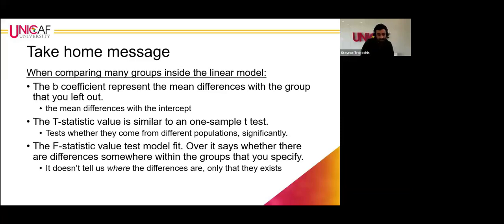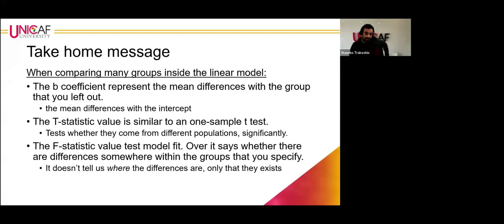The t-statistic is similar to a one sample t-test. And here we compare each sample's mean with the mean of the control group, or the group that is left out, or the intercept. It tests whether they come from different populations significantly.